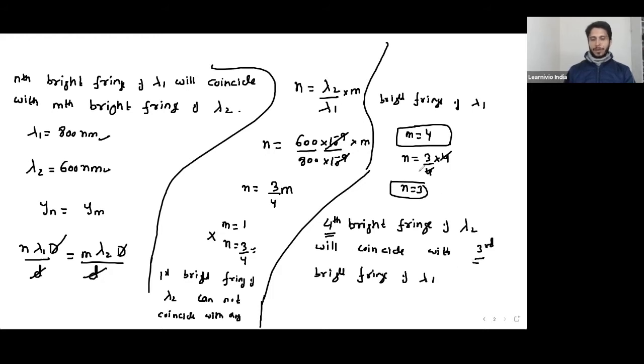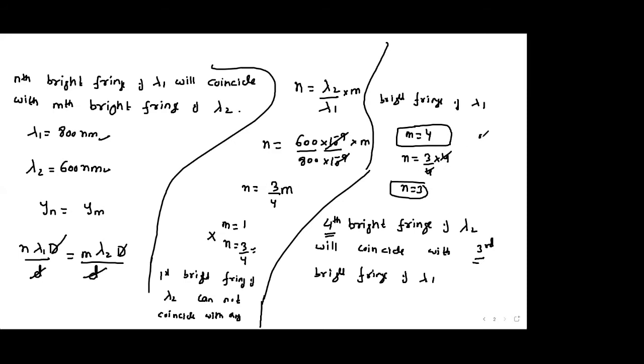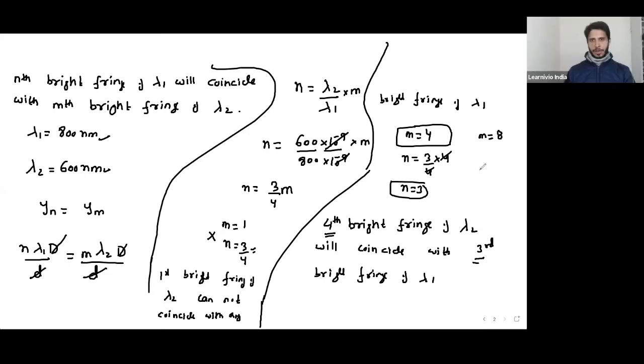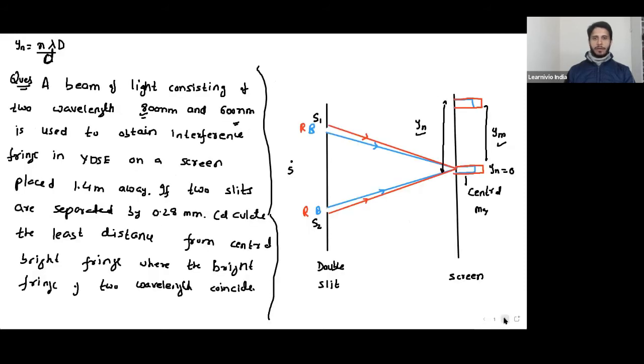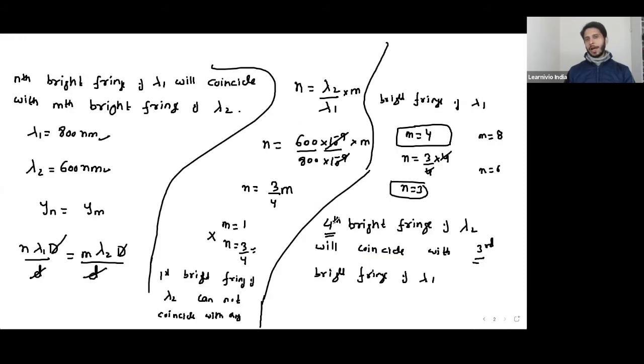What would be the next pair? If I put m equal to 8, then how much is n? 6. Yes, if I put m equal to 8, then your n will come out to be 6. So this is the next pair of bright fringes that will coincide. In the numerical there would be many, just keep on changing the value of m and you'll get the value of n.